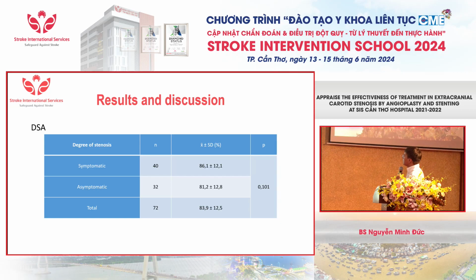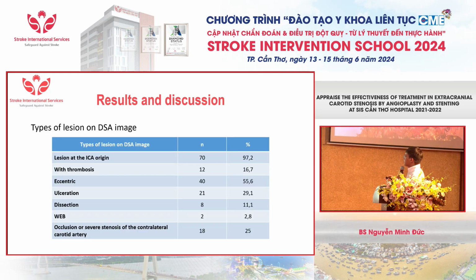There is no statistically significant difference in the degree of stenosis between symptomatic and asymptomatic patients. The degree of stenosis was about 80% in both groups, with a P value of just 0.1.